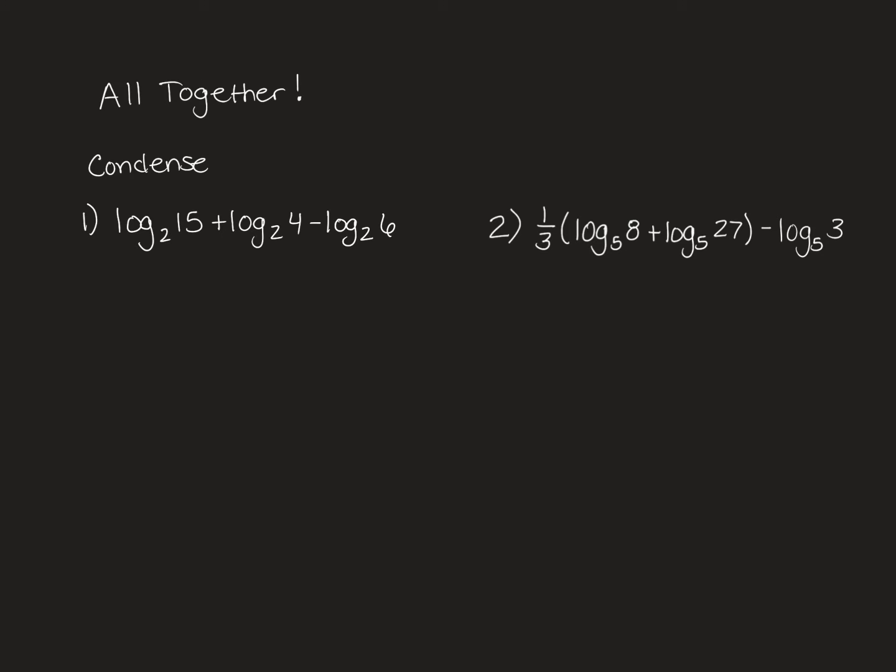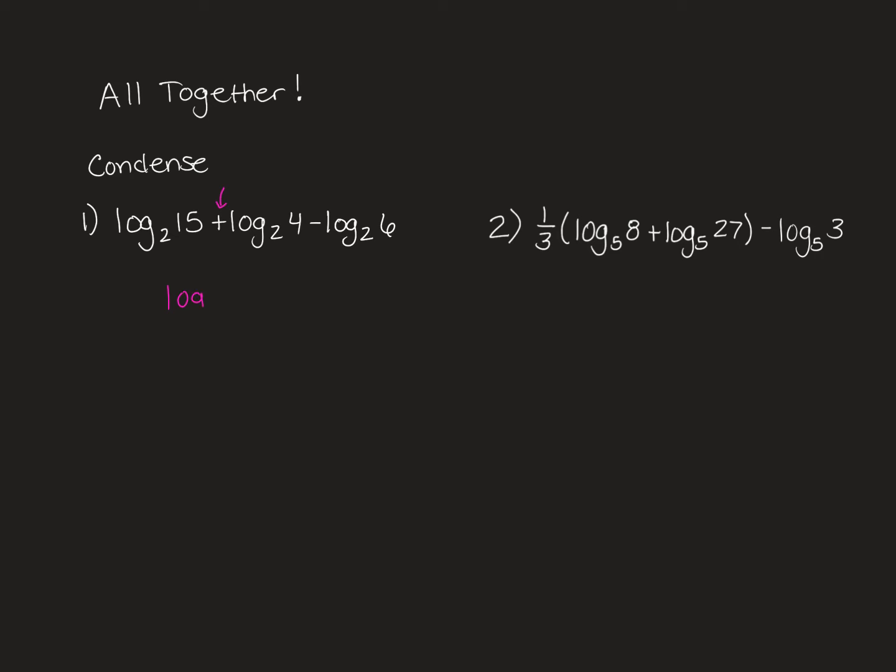Now we can use these properties to condense these logarithms. Remember that they always have to have the same base in order to condense, okay? So looking at number 1, we have log base 2 of 15 plus log base 2 of 4 minus log base 2 of 6. So if we have that addition there, that means that we are multiplying those two logs.